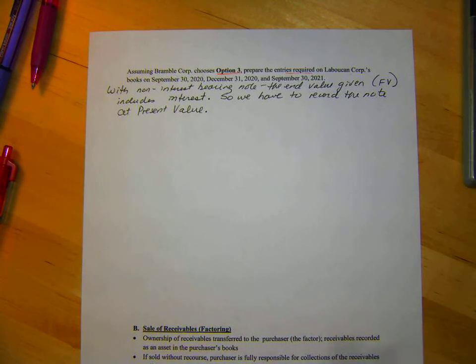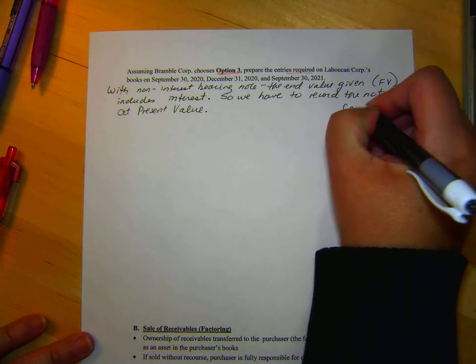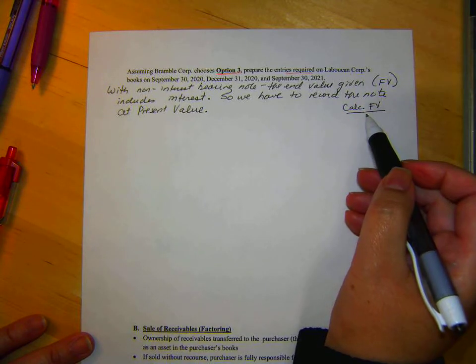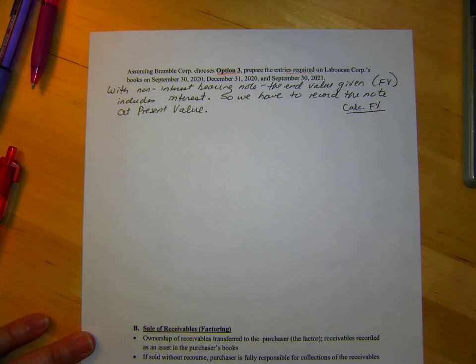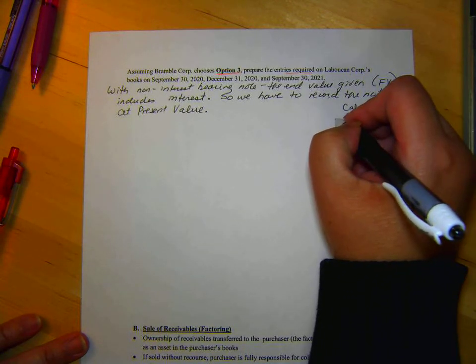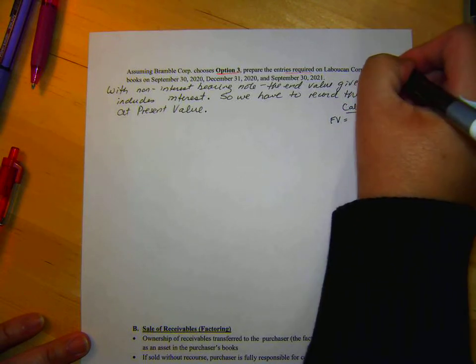Okay, so the way we're going to do that, we need to calculate the fair value. So, keep an eye on the option that they told you. They said a 1-year non-interest bearing note for 128,304. So, that 128,304 is the future value.